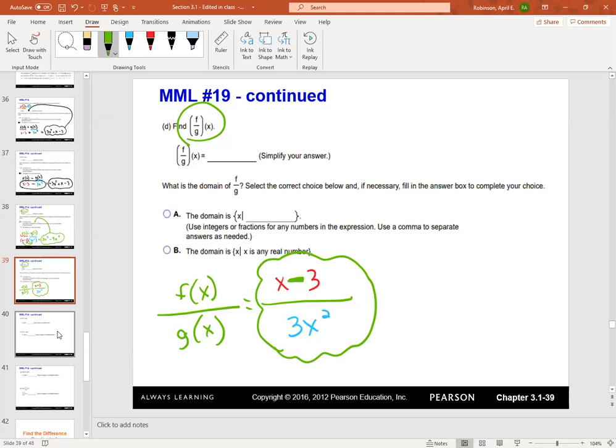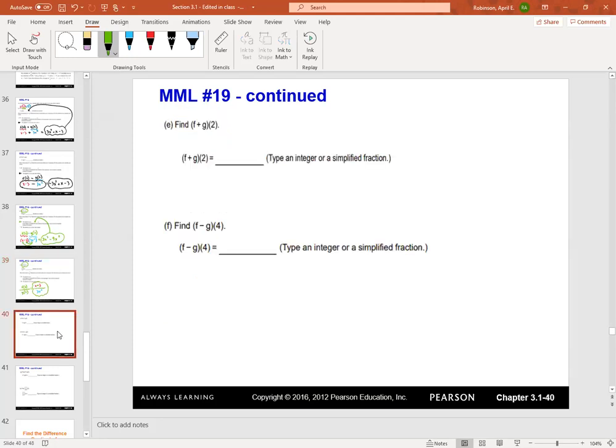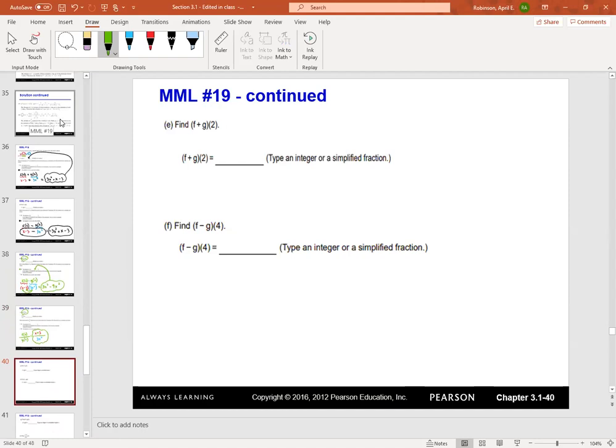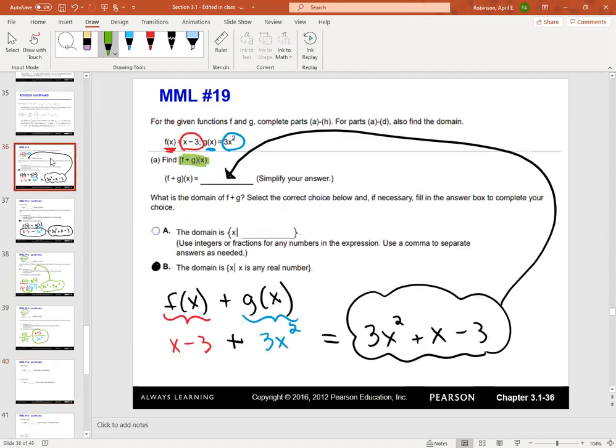And was there more to this? Oh yeah, I kept going. Okay, now part E says calculate f plus g of 2. And we had already calculated f plus g way back here in part A. When we calculated it, I put it in descending order: 3x squared plus x minus 3.